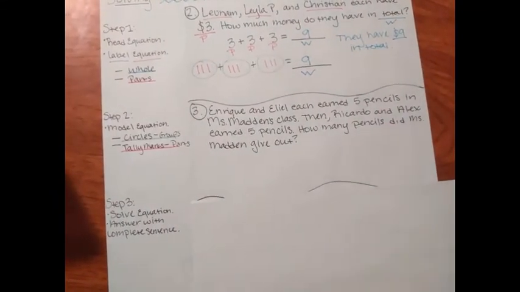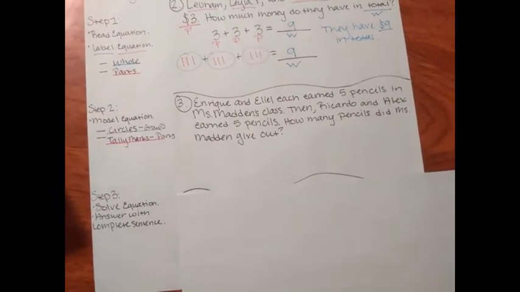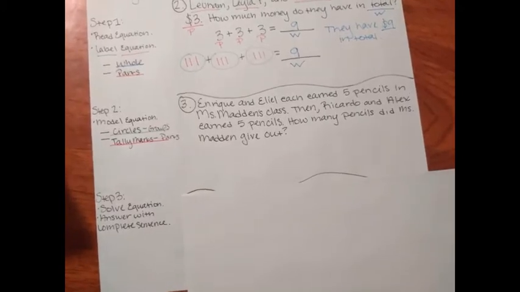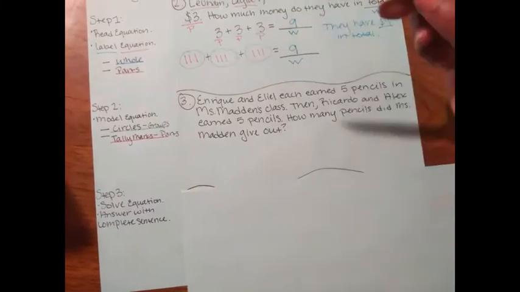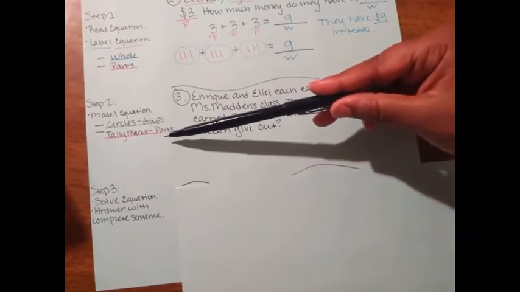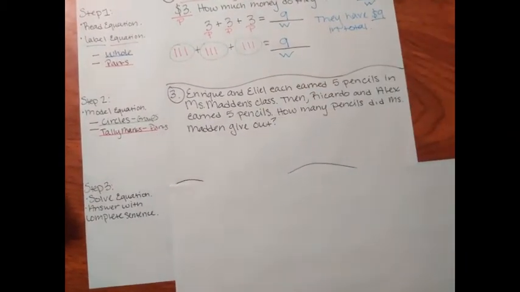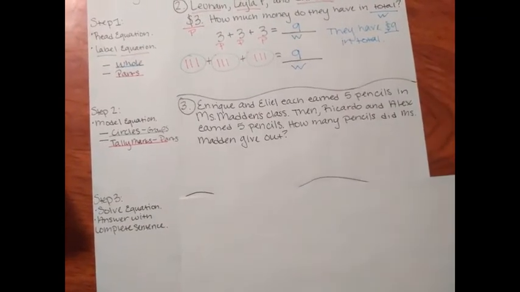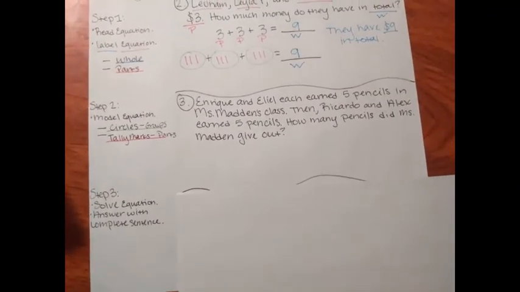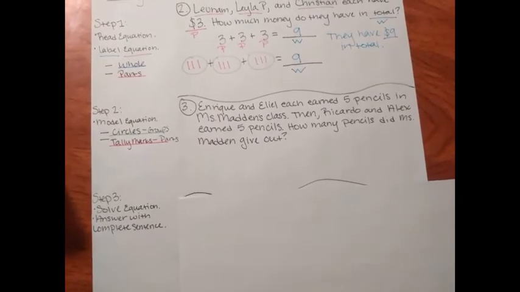And when we return, we will share and compare. Be sure to properly label your equation, properly model your equation, and answer with a complete sentence. When we return, we will go over each of these 3 steps. Pause the video here. Give yourself 1 minute to complete.